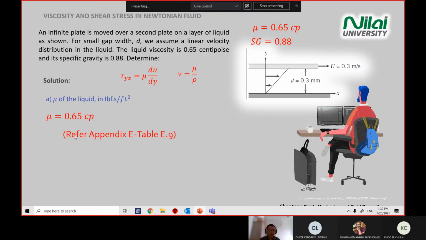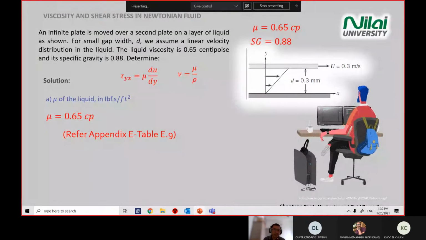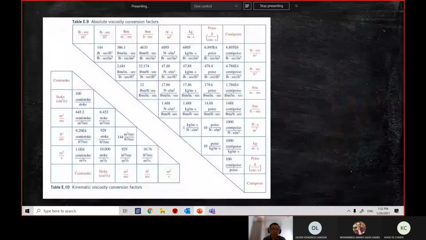So the next step is we need to refer to Appendix E, table E9. You open up the document Appendix E, or you already printed it out. It's quite a lot of pages, so just open the document and go to table E9. You will see it on the screen.